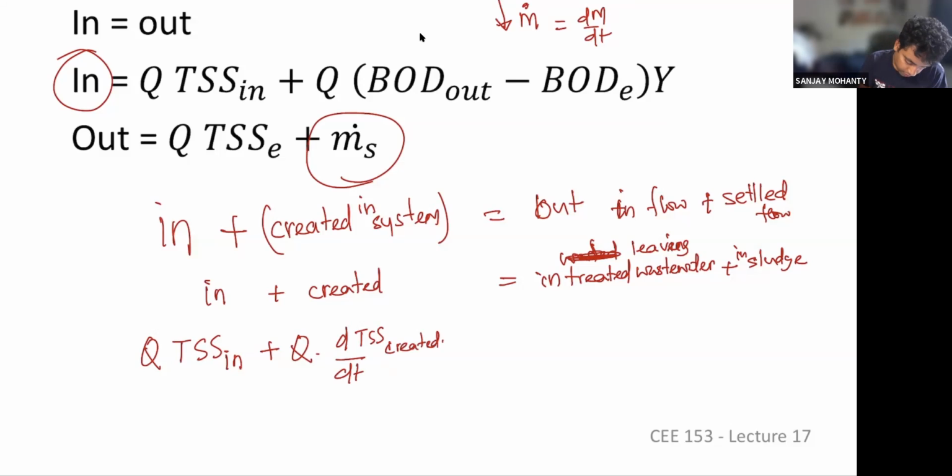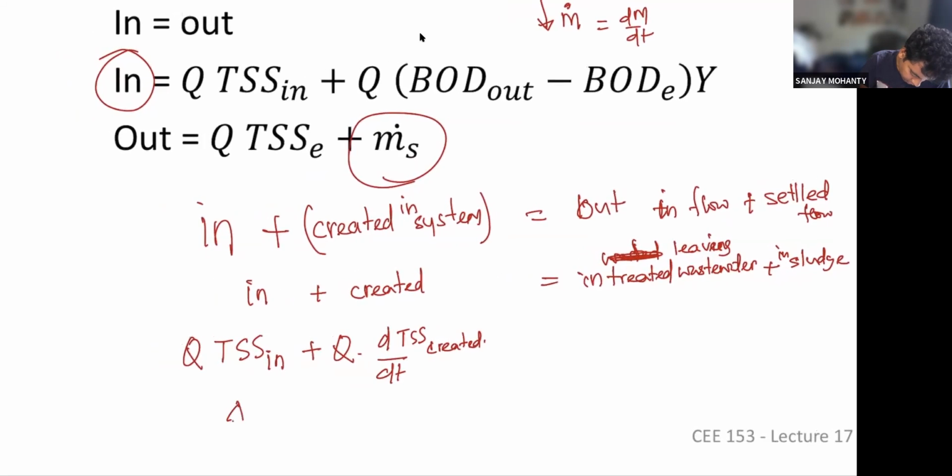And this delta TSS created is related to the yield, which is the ratio of the amount of TSS created per unit consumption of BOD destroyed.